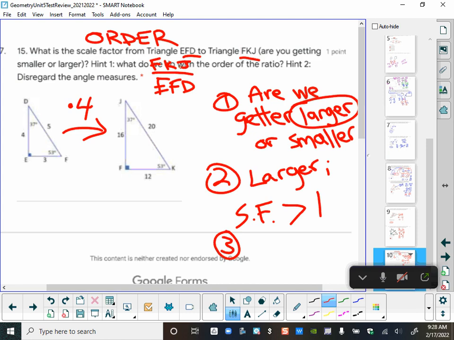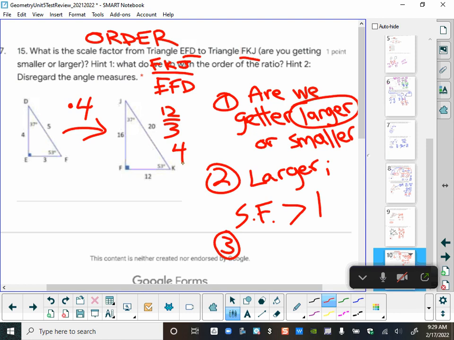The reason being, we want the bigger number on top, because when we divide the bigger number by the smaller number, will our number be bigger than 1? That's what we want to do. So for instance, F and K, 12. What's 12 divided by 3? That's why I tell everybody, with scale factor, flip that order.